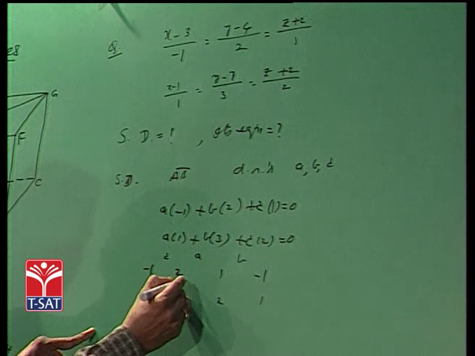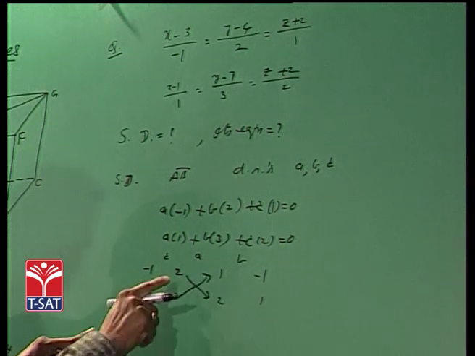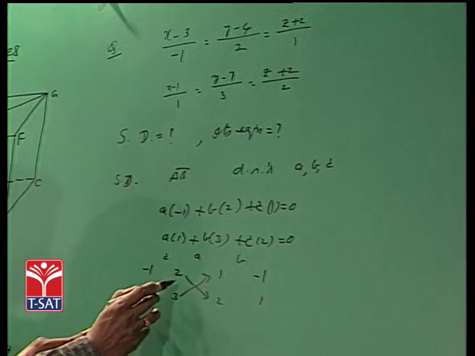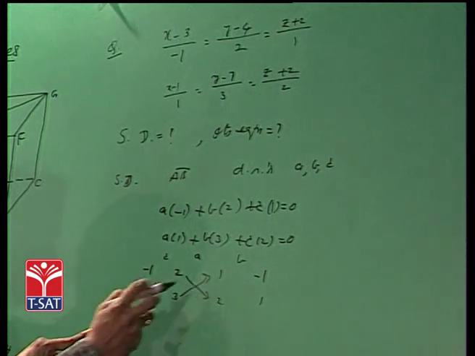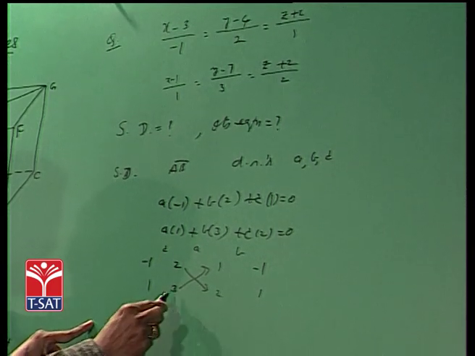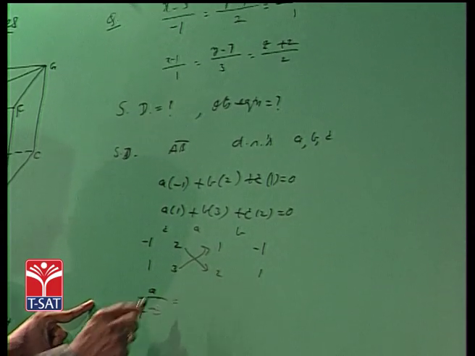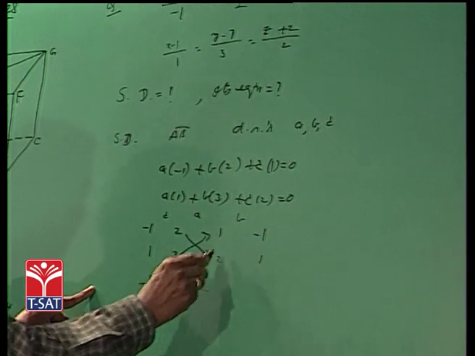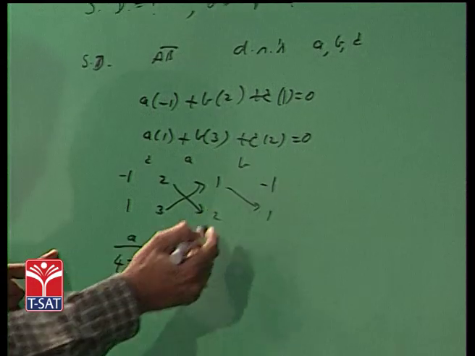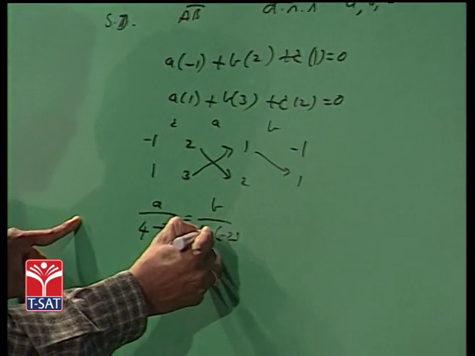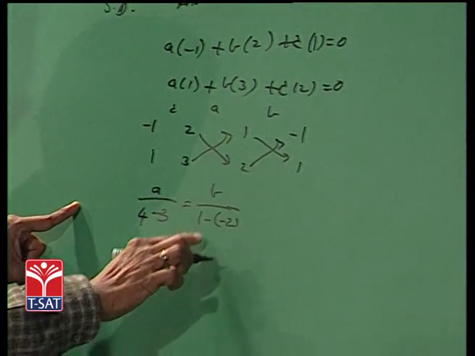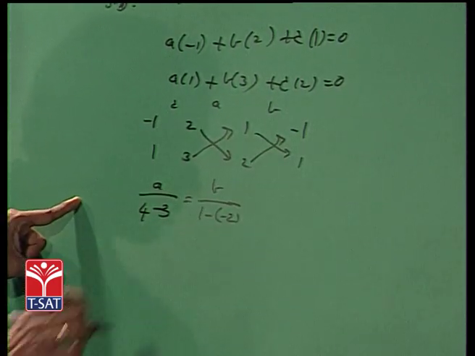Now, multiply these two first and then multiply these two and subtract the second product from the first one. We have a by 2 into 2 is 4 minus 3 into 1 is 3 is equal to b by multiply 1 by 1 is 1, then multiply 2 by minus 1 is minus 2 and subtract the latter one, that is 1 into 1 is 1 minus 2 into minus 1 is minus 2.